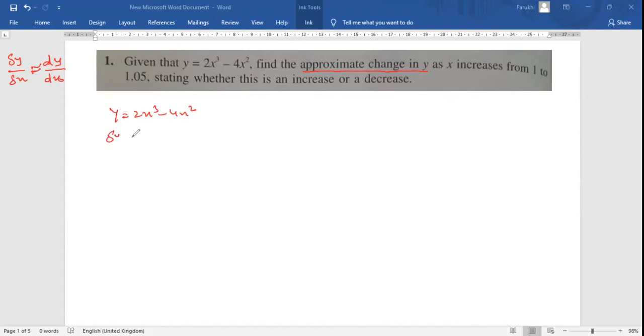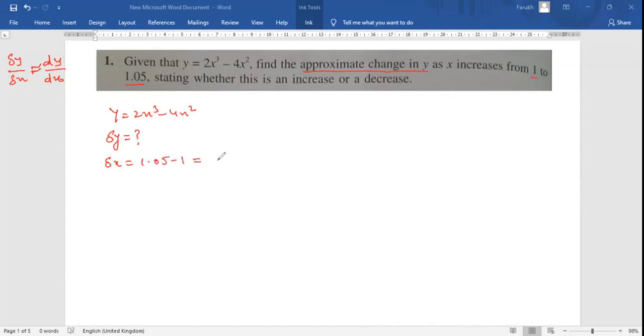We want to find del y. When there is a word approximate, it means a small change. We want to find out del y as x increases from 1 to 1.05. Now what is the change in x? Del x is equal to 1.05 minus 1.